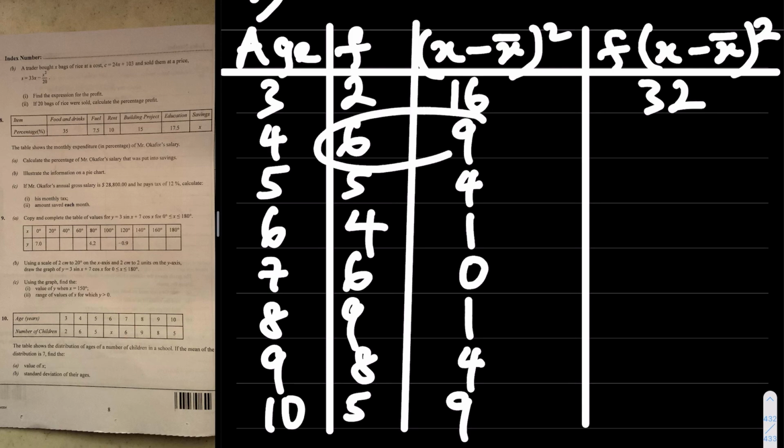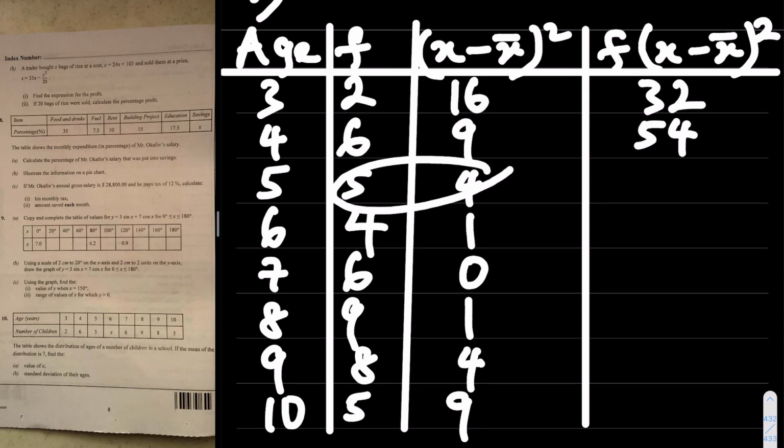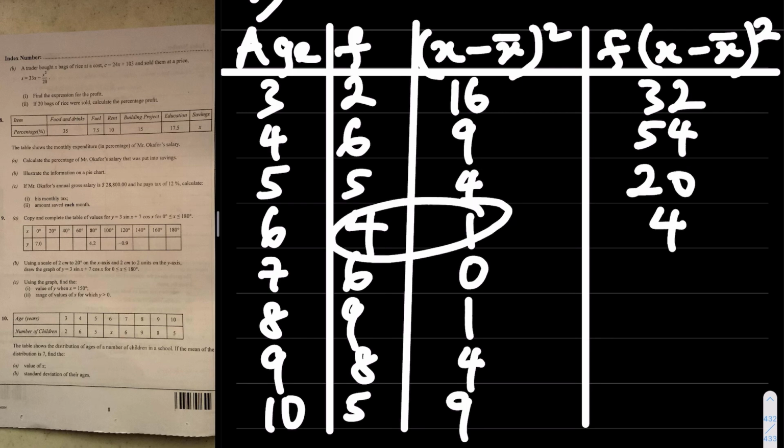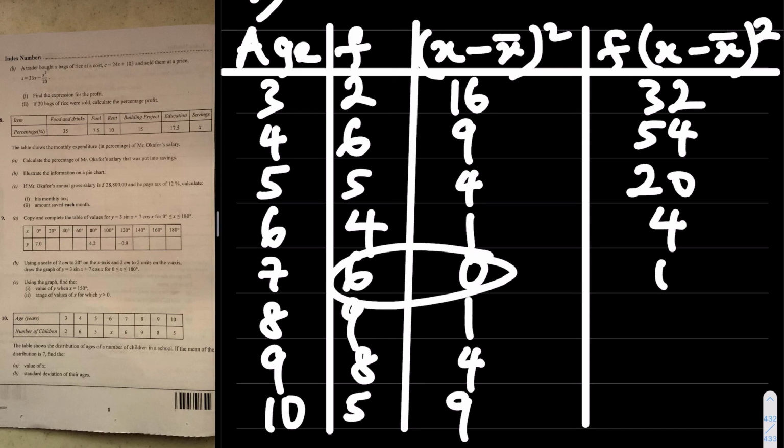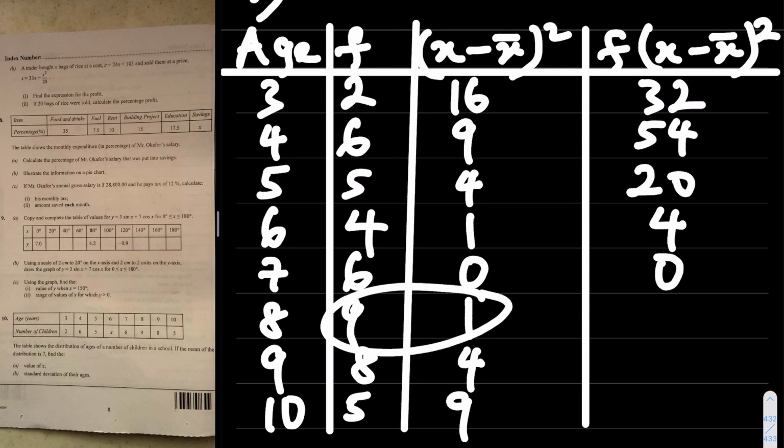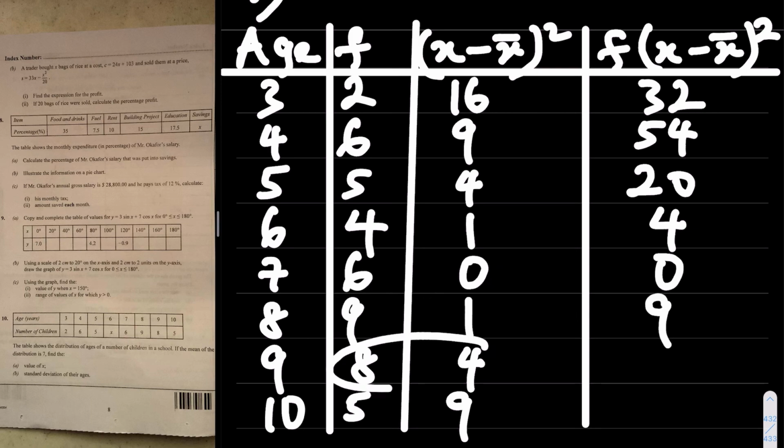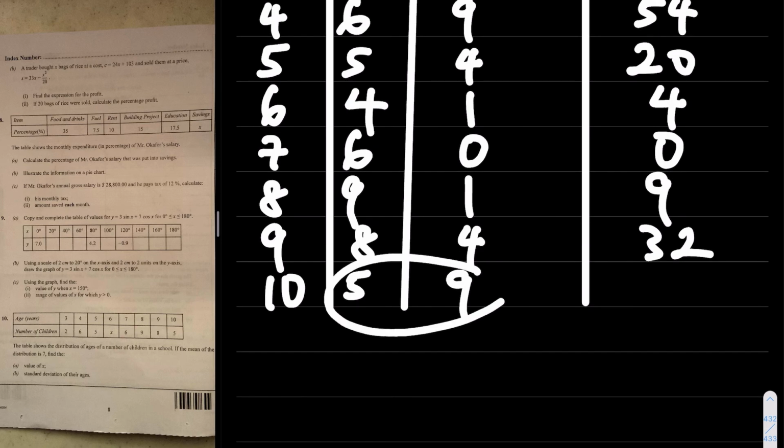Here, 6 times 9, which is 54. Here, 5 times 4, which is 20. 4 times 1 here, which is 4. 6 times 0 here, which is 0. 9 times 1 here, which is 9. 8 times 4 here, which is 32. And 5 times 9 here, which is 45.